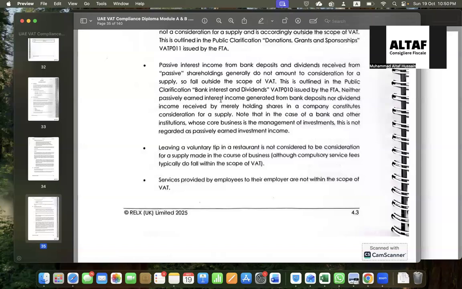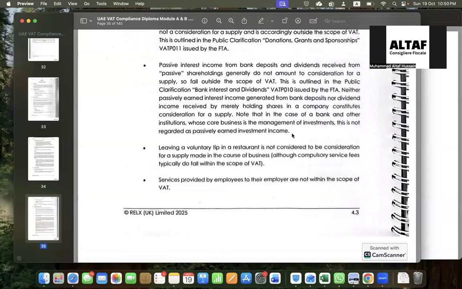Neither passively earned interest income generated from bank deposits nor dividend income received by merely holding shares in a company constitutes consideration for a supply. Note that in the case of a bank and other institutions whose core business is the management of investments, this is not regarded as passively earned investment income.